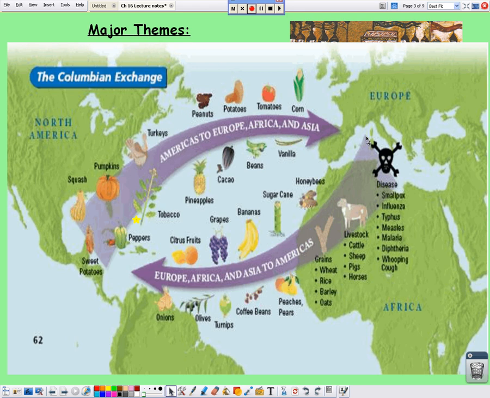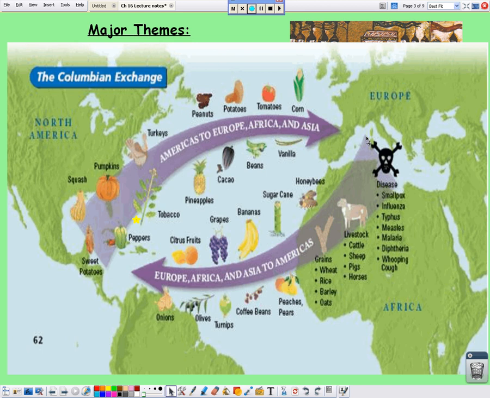But there's lots of things that Europeans become exposed to as a result of contact with the New World. Tobacco, cacao, which is chocolate. And the Americas get some new stuff that we typically don't realize they were without.